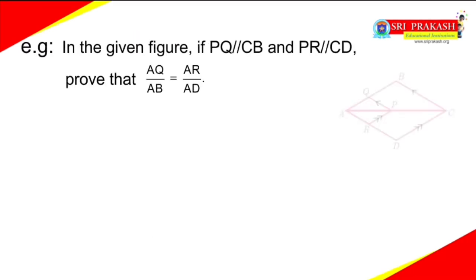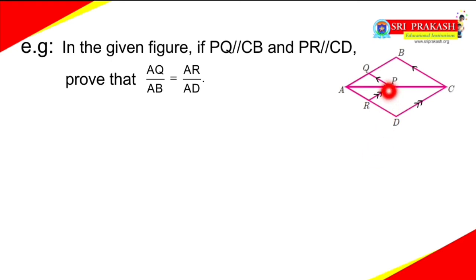Next, in the given figure, if PQ is parallel to CB and PR is parallel to CD, prove that AQ by AB is equal to AR by AD. Let us start.